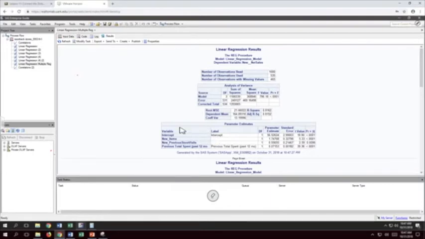So things that we're checking. Overall, I have a significant test. Items, store visits, total spent. Those are all statistically significant.